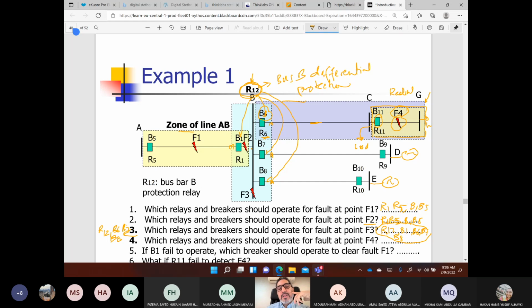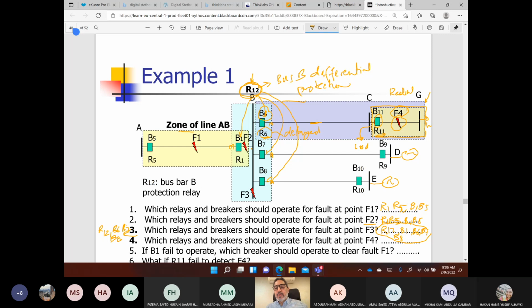That is why relay 6 is coordinated with relay 11 such that it is delayed to provide a chance for 11 to act first when there's an overlap.